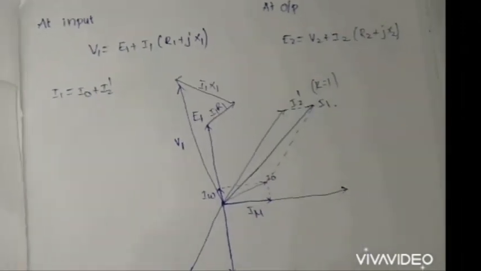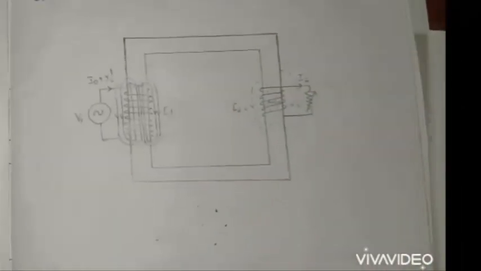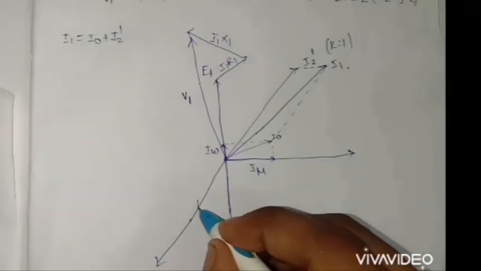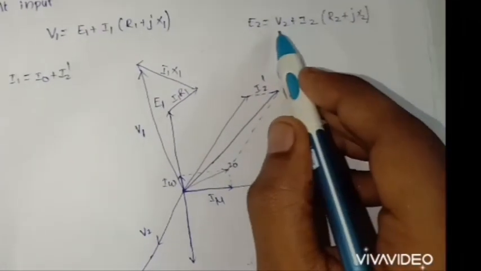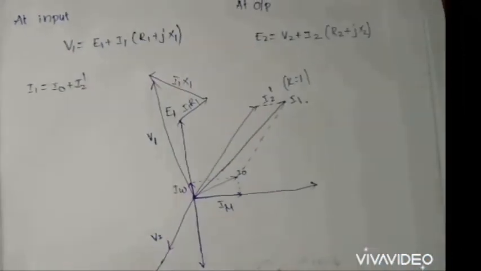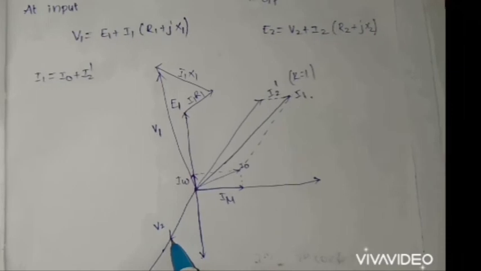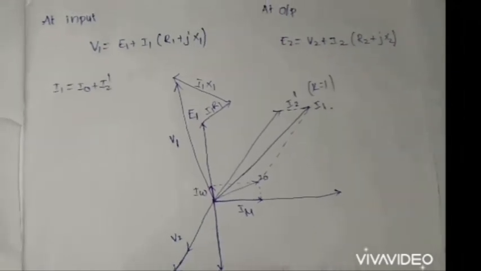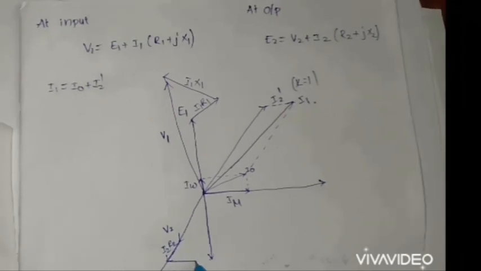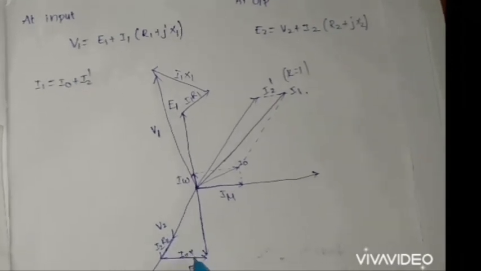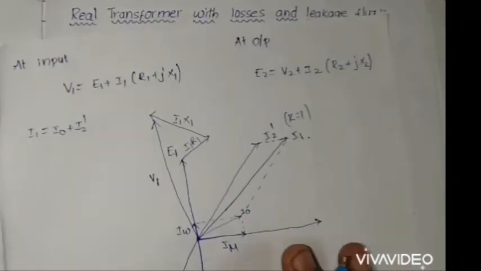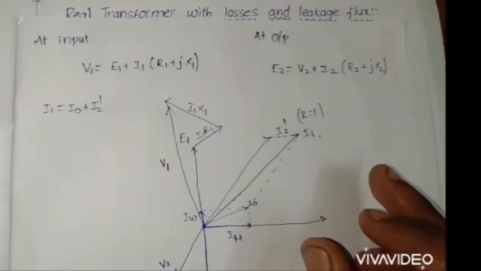Similarly, as this is a resistive load, V2 and I2 are in the same phase. Let's take V2 here. From our second equation, E2 is equal to V2 plus I2 into R2 plus jX2. In the direction of I2, take R2, I2 R2, and perpendicular to this, we get I2 X2, which gives E2. This is the phasor diagram for an actual transformer with unity power factor.